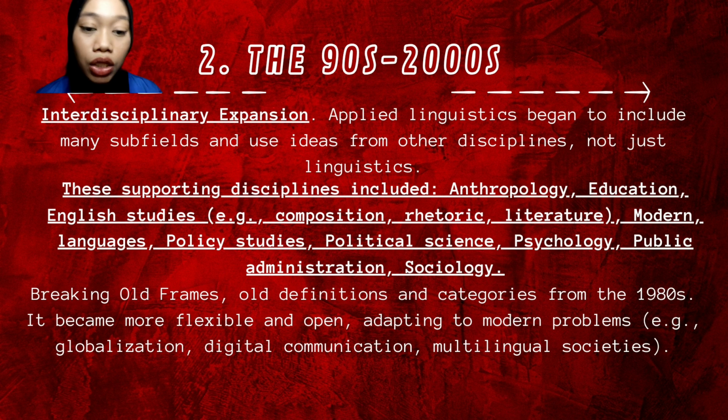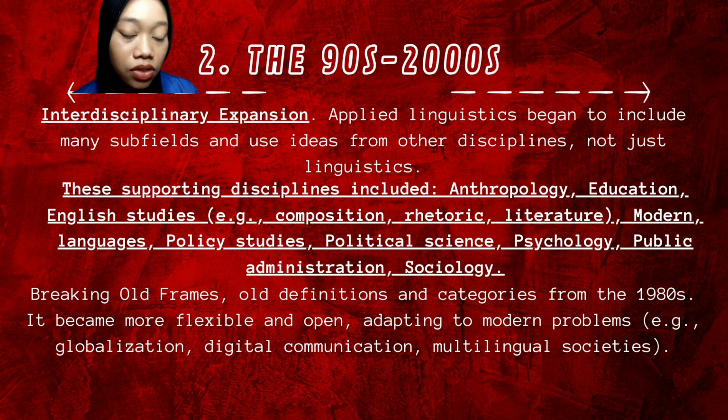These supporting disciplines include anthropology, education, English studies, for example composition, rhetoric, literature, modern language, policy studies, political science, psychology, public administration, sociology, etc. Breaking old frames: old definitions and categories from the 1980s, it became more flexible and open, adapting to modern problems, for example globalization, digital communication, and multilingual societies. That's what happened in the 1990s to the 2000s.